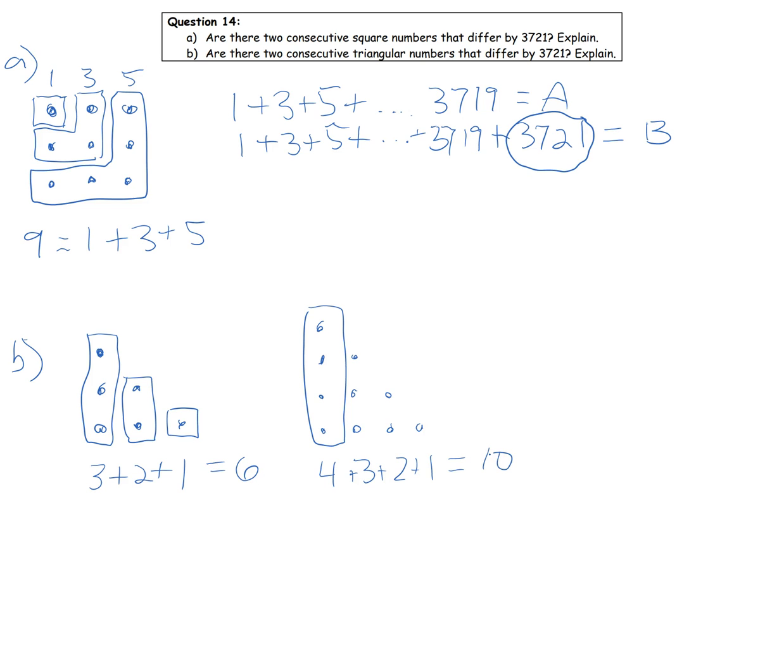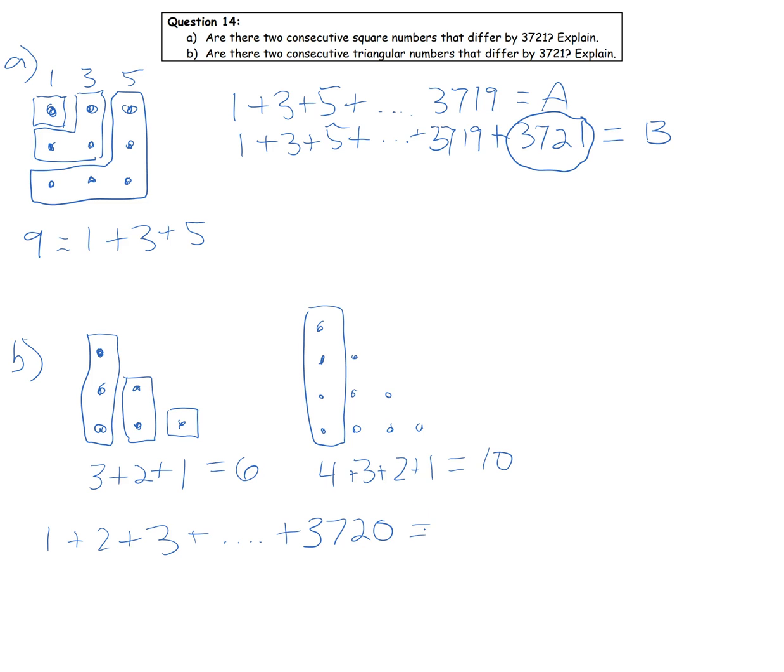So we can see that if we get to really big triangle numbers, we can have the case where we have 1 plus 2 plus 3 all the way up to 3,720, and that's going to equal some answer.